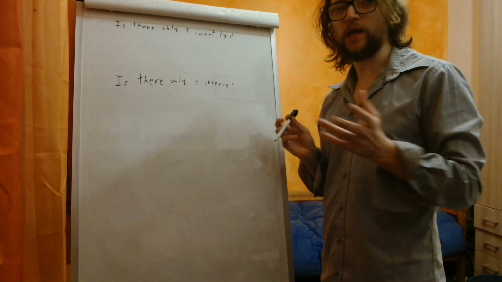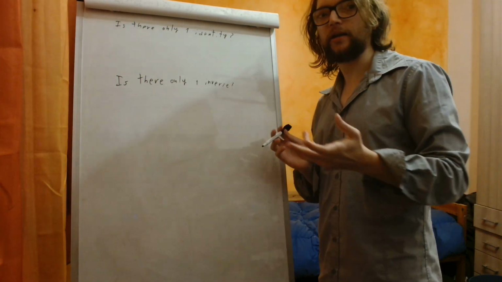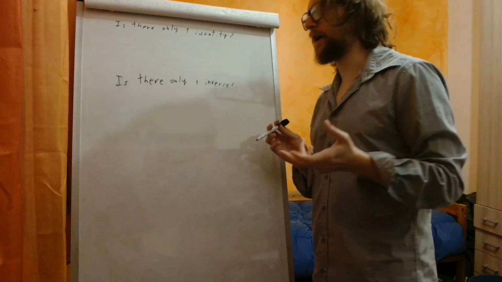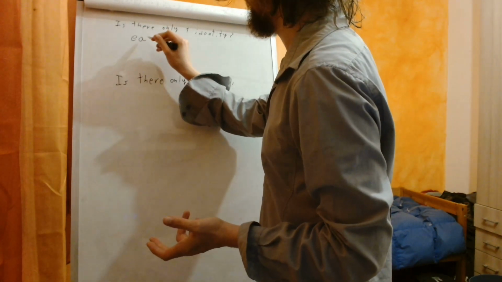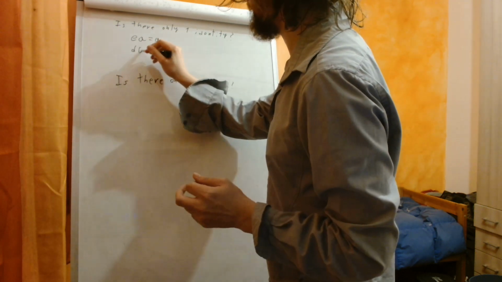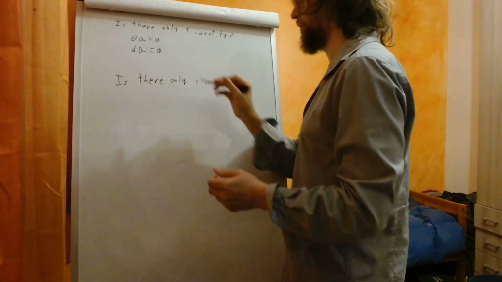Now you can have some doubts. For example, is there only one identity element? Can I have two elements that do nothing? For example, E times A equals A, and also D times A equals A for any element A of the group?